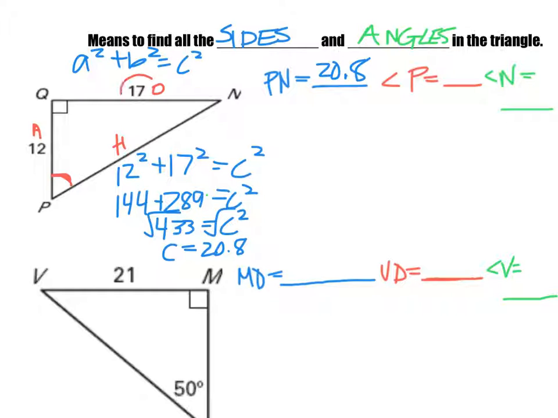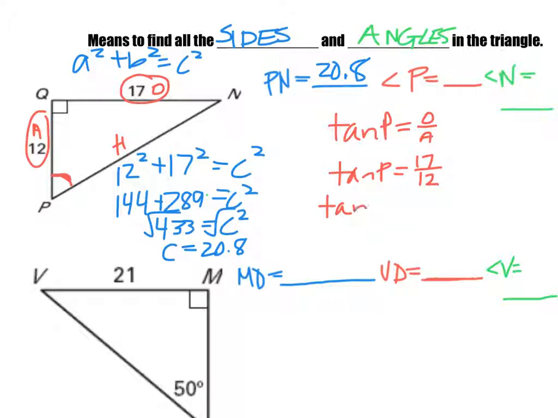So I have numbers at O and A, which means I'm going to use tangent. So tangent of angle P equals O over A. I don't know what my angle is, so tangent P equals O is 17 over A is 12. So I'm going to do inverse tangent of 17 over 12 will give me angle P.